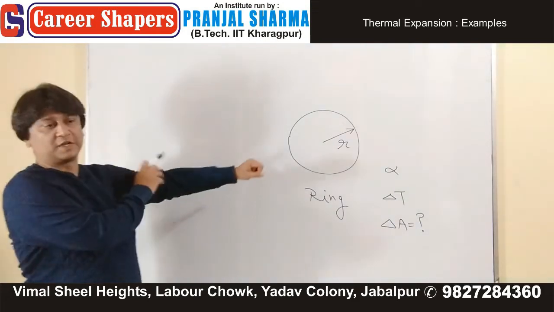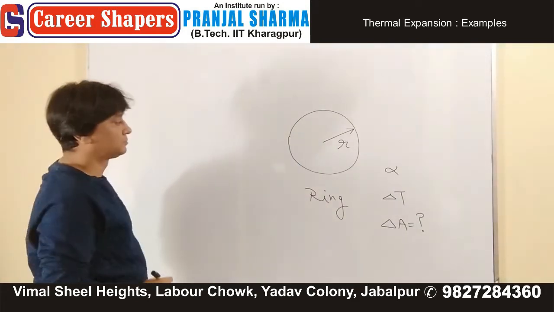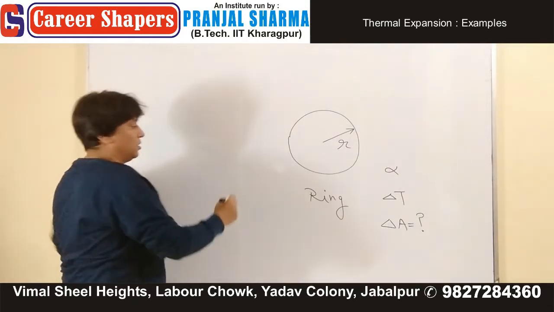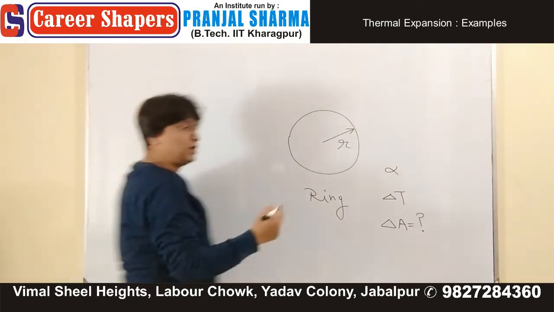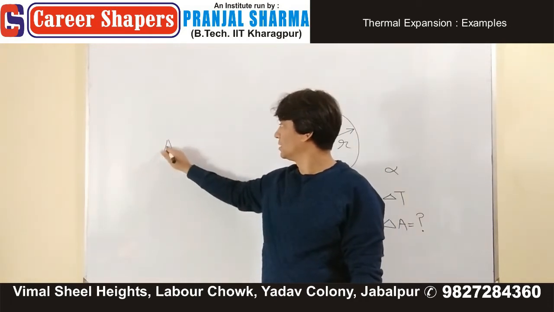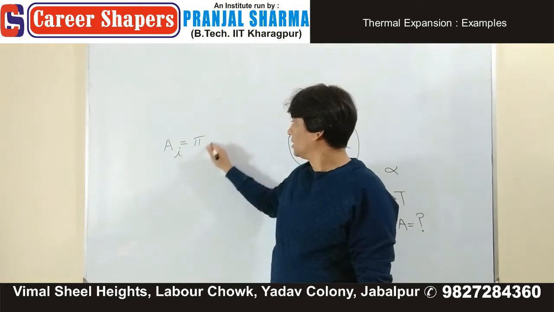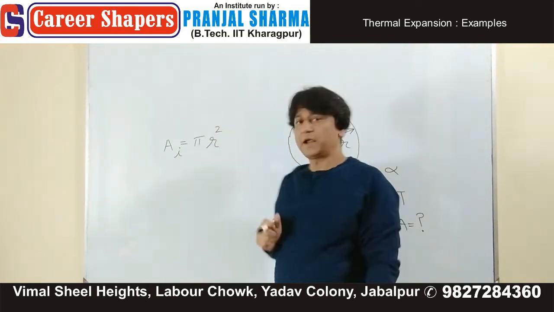Only one person has answered this. Look here. What is the initial area occupied by the ring? Pi r square.